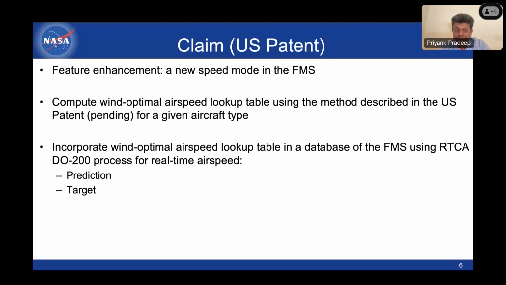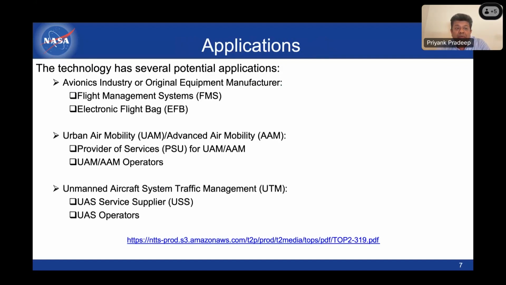so that FMS can predict as well as target wind optimal airspeed in real time. So not only FMS, we observed that this technology could be used in electronic flight bag. Also, when it comes to urban air mobility or advanced air mobility, providers of services and fleet operators can use wind optimal airspeed to predict their flight plan trajectory, which is more energy efficient compared to other speed modes.